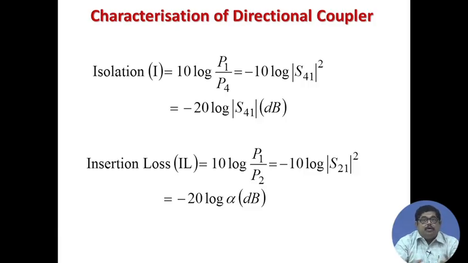Similarly, insertion loss. We are saying that there is no power going here, but the directional coupler we are assuming to be lossless. The thing is, when we are giving P1, some power is going to other ports, the full power I am not getting at P2. That is because we have a coupled port, so some power we are deliberately coupling.